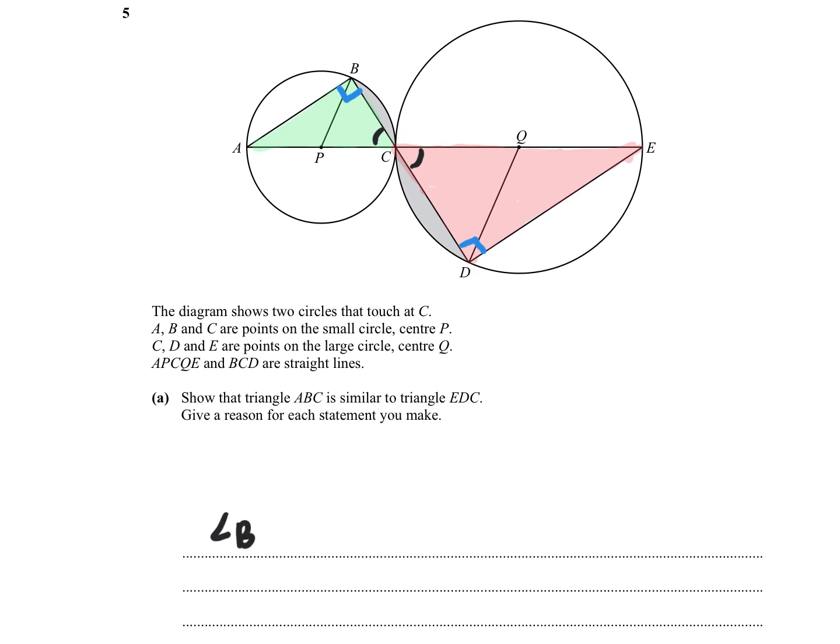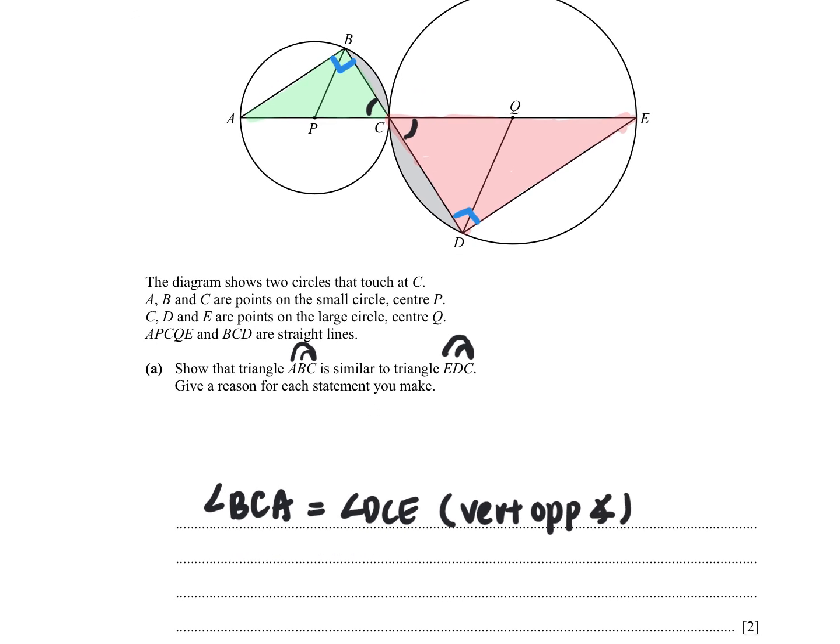Angle BCA, right, in the correct order. BCA is equal to DCE. This one is vertically opposite angles. First reason. Second one is ABC, so ABC must equal EDC. Reasoning is angle in a semicircle.